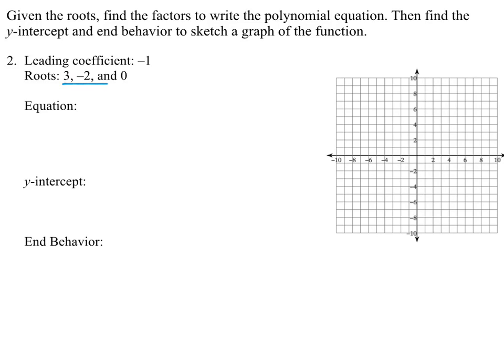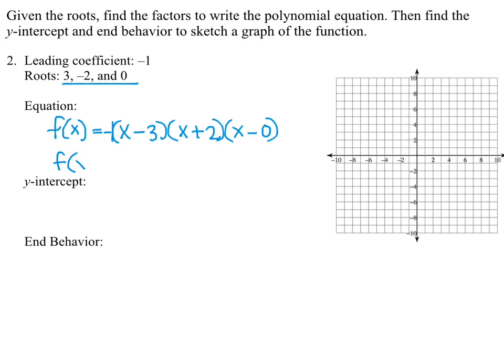So I have these 3 roots: 3, -2, and 0. That means that my equation, once again, make sure equations are always f of x, is x minus 3 times x minus -2 times x minus 0. But then I have a leading coefficient of -1.